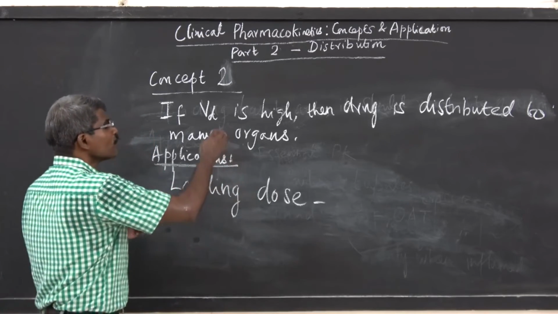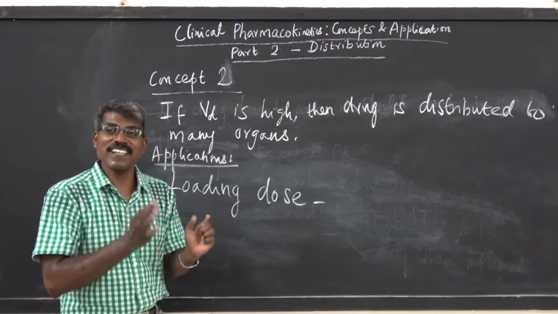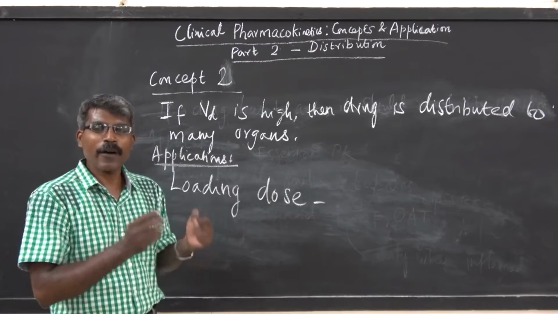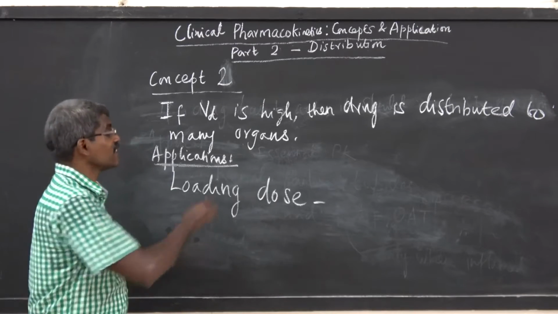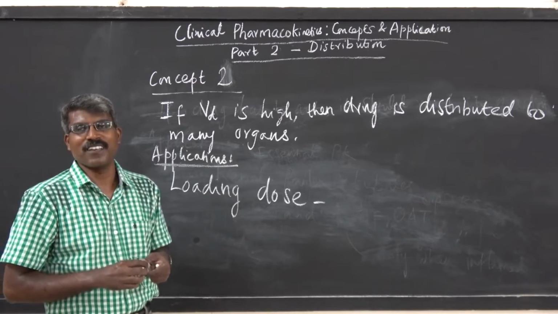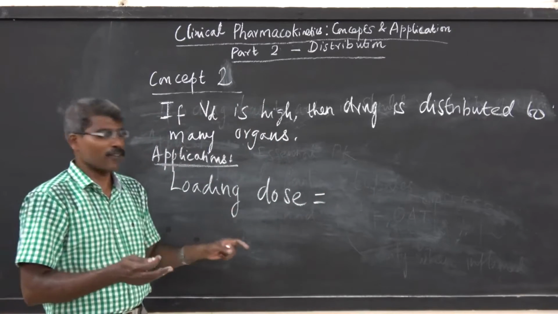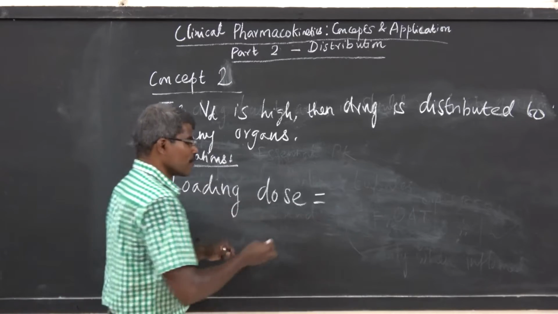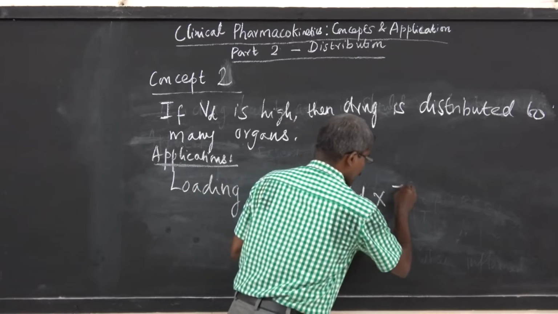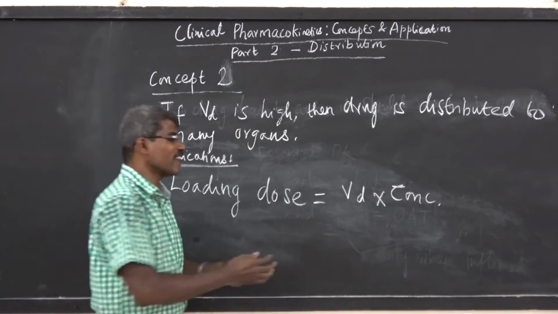So if someone asks you what is the essential pharmacokinetic parameter of drugs which require loading dose, they all have a high volume of distribution. That's why if you look into the formula, loading dose equals volume of distribution times target concentration, the concentration you want to attain.